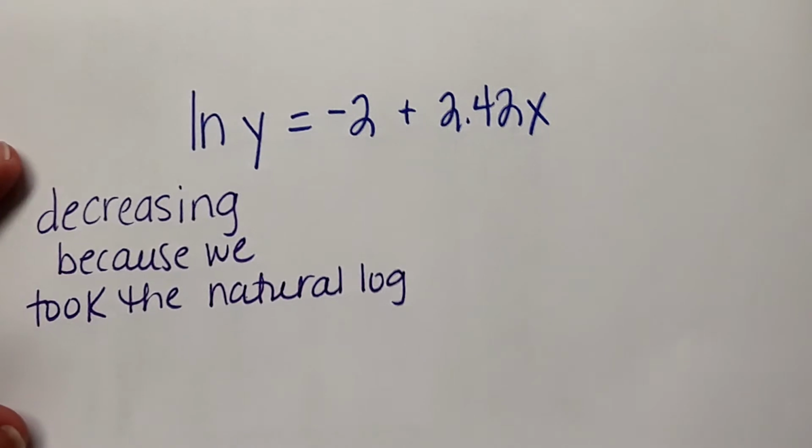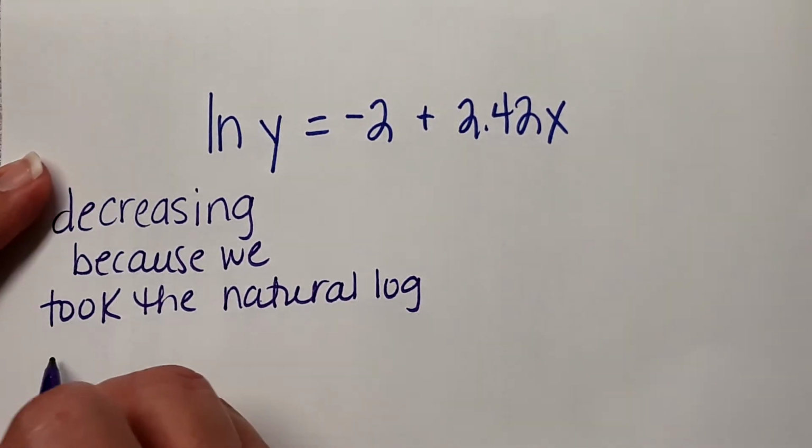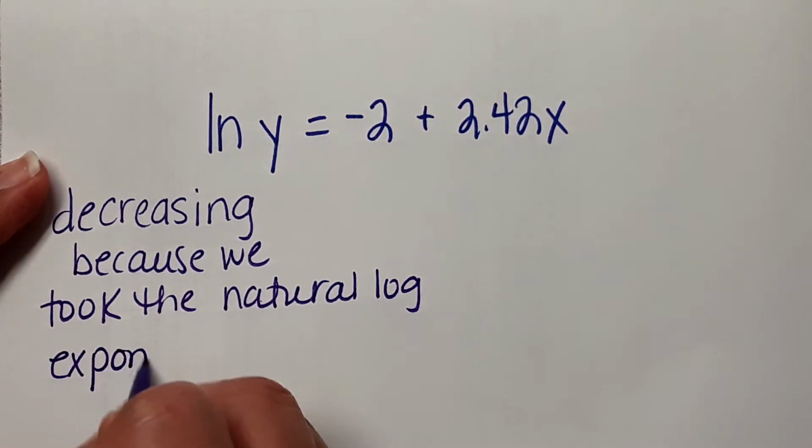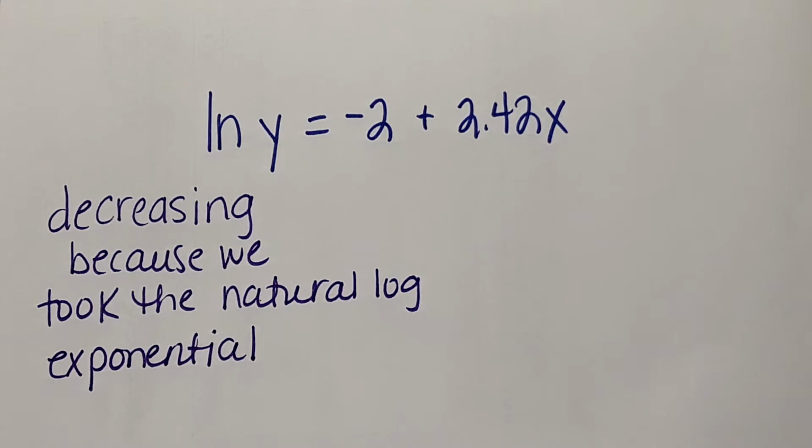Okay. And now, what type of model is it? You guys, we've only studied one type of model, so it's exponential. So you know it's a decreasing exponential model because we took the natural log.